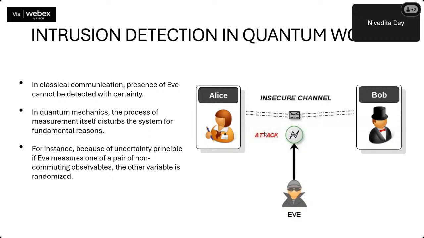Since the state cannot be cloned, any touching of the system or photon will result in either a change in the state of the photon or decoherence, some sort of error will take place if we try to measure the system. For instance, because of the uncertainty principle, if Eve measures one of a pair of non-commuting observables, the other variable is randomized.